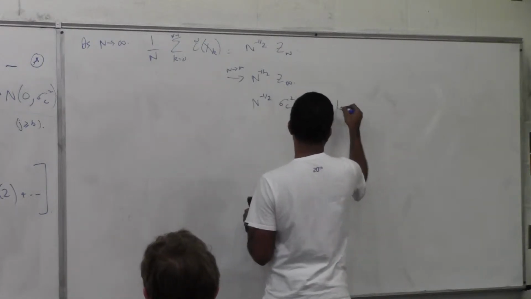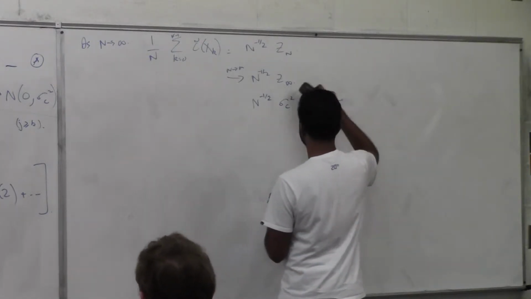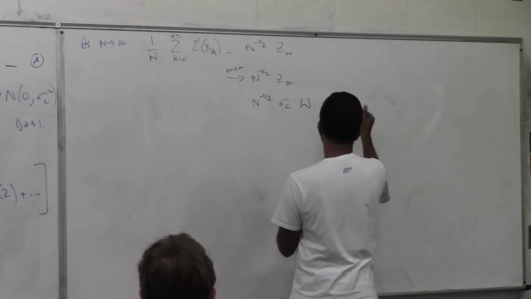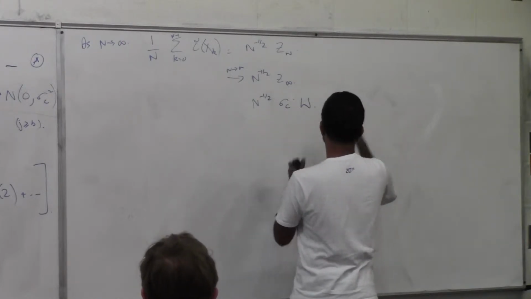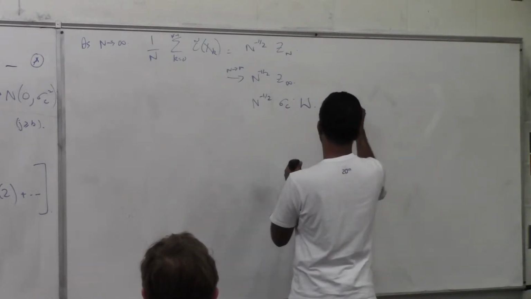Times random variable w, where w is just white noise.